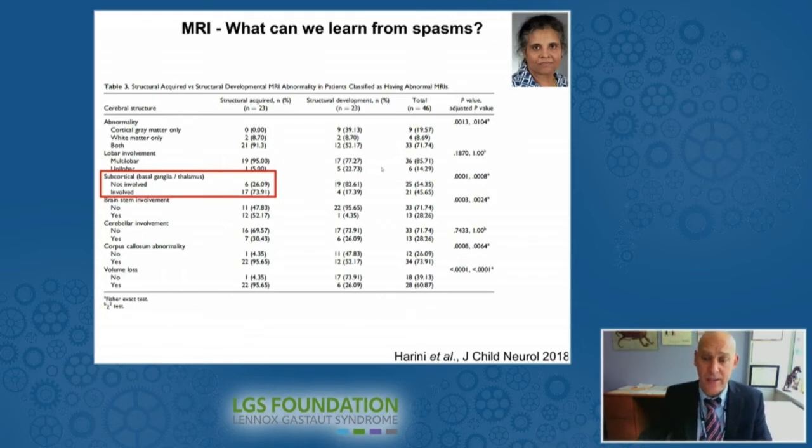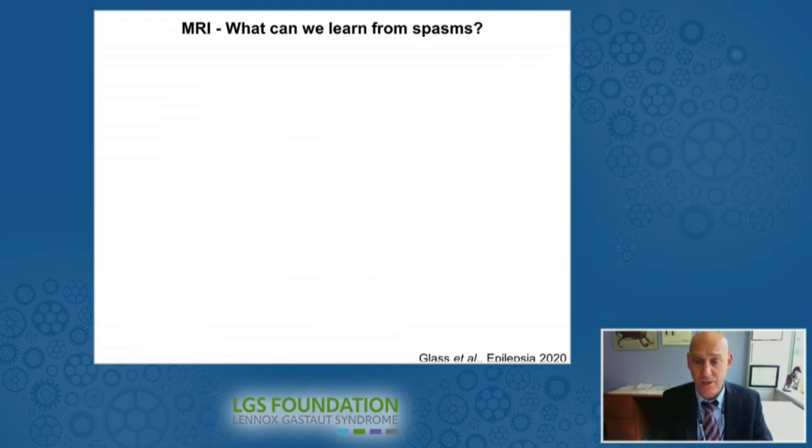We know that in the study from my colleague Harini, we described that in structurally acquired lesions, there was a heavy involvement of the basal ganglia or the thalamus in the subsequent development of spasms. So if you look at lesional spasms, you can, to some degree, find common ground as to where these lesions occur.